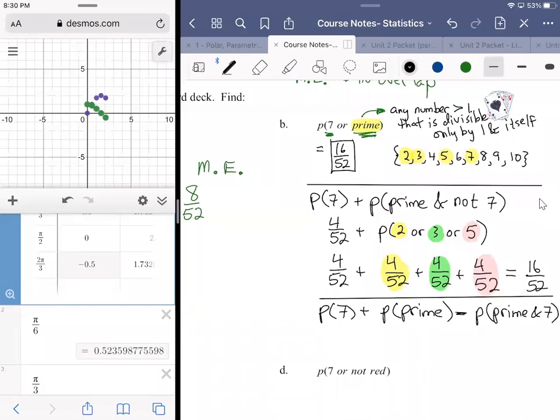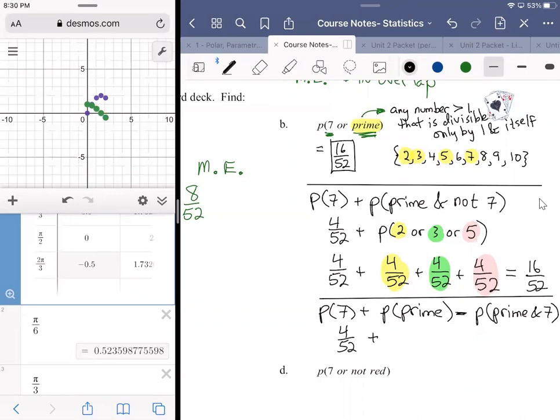Right. So I could look at this and say, all right, well, I'll subtract off any number that is prime and 7. So I'd be looking at the complement here, right? Prime and not 7 versus prime and 7. So everything else. Right? So 4 out of 52.